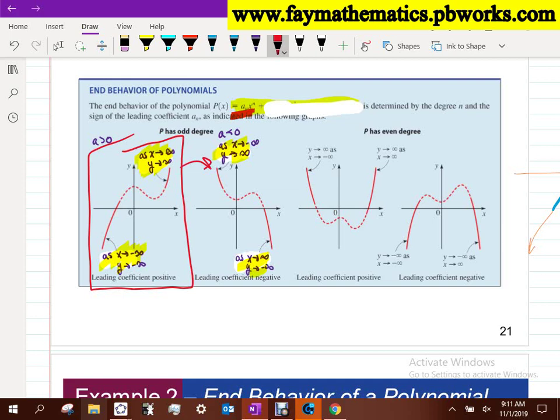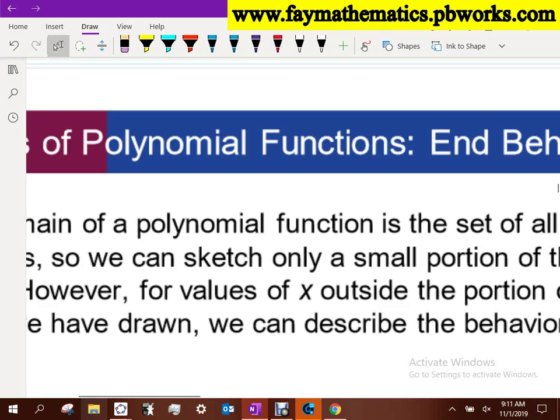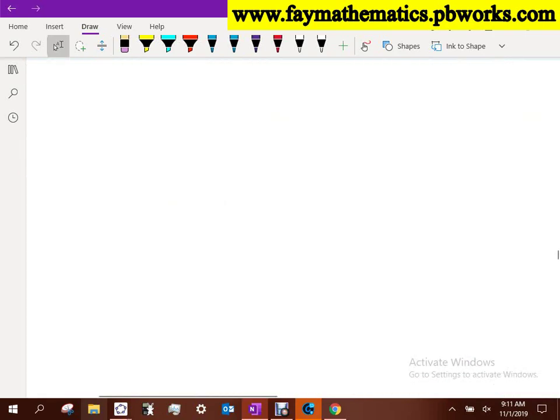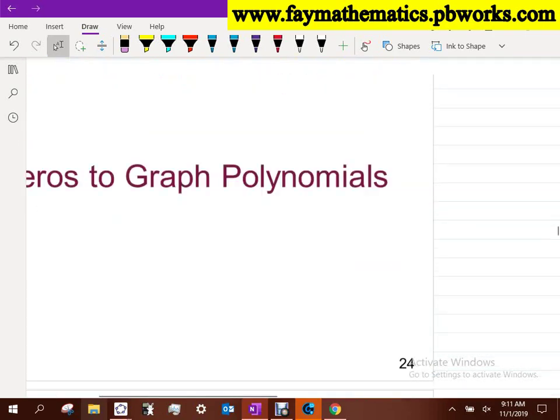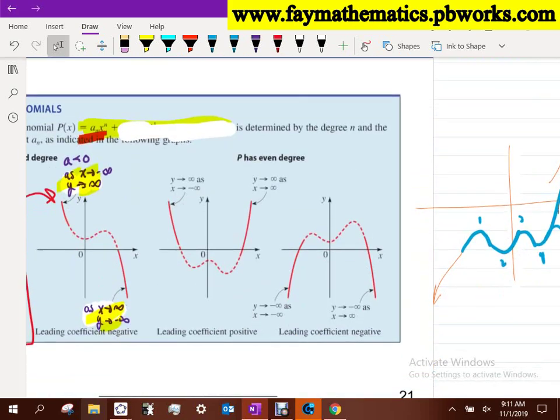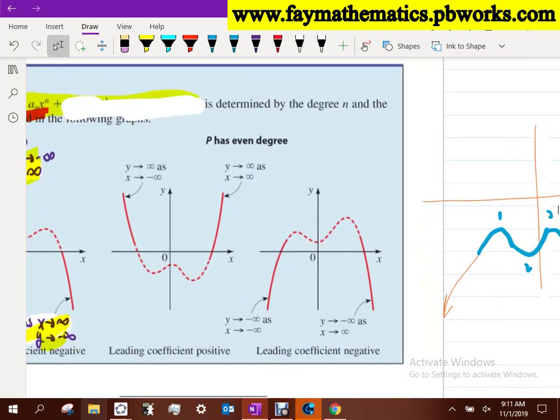The next two pictures, my hope is that we don't even really have to talk about these very much because they are even degree polynomials. And what is the number one even degree polynomial that you've had experience with? 2. Yes. So x squared, any quadratic. You understand that if this was a quadratic, it would look kind of like that, right?